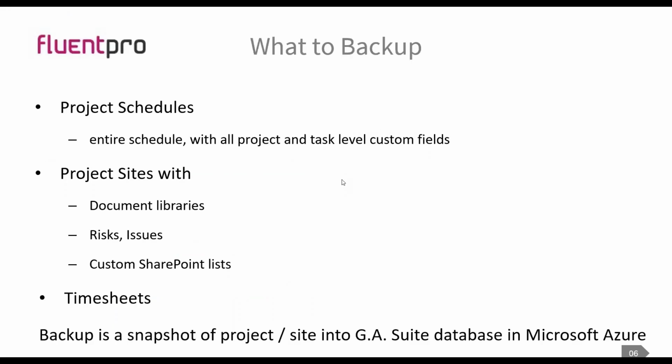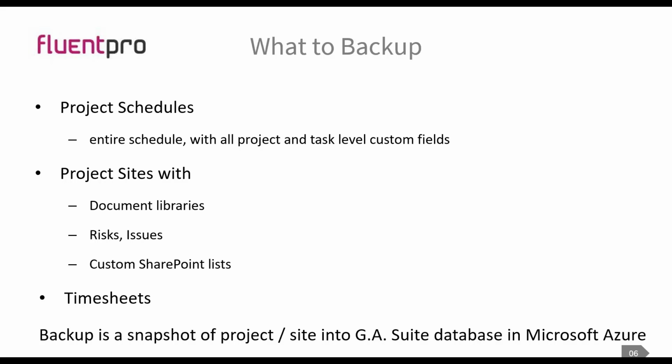If we talk about what kind of data needs to be backed up and what level of protection you need for your data, first of all, definitely it's schedules. It's your entire schedule in Project Online with all the projects, with all the tasks, with all the custom fields on the project level and task level, all the data that you need to protect.